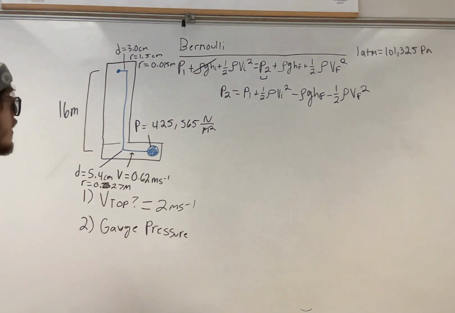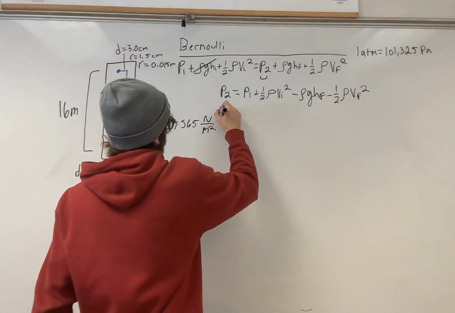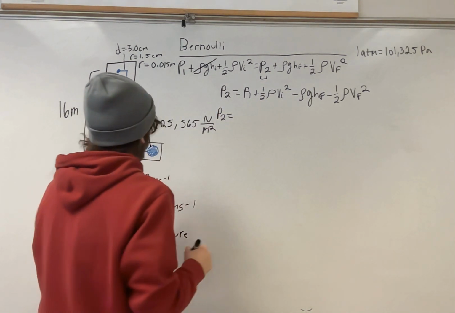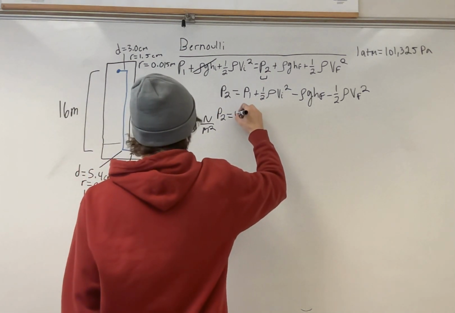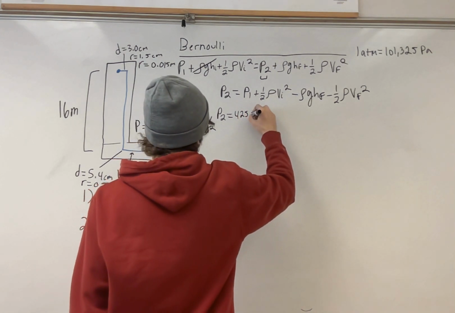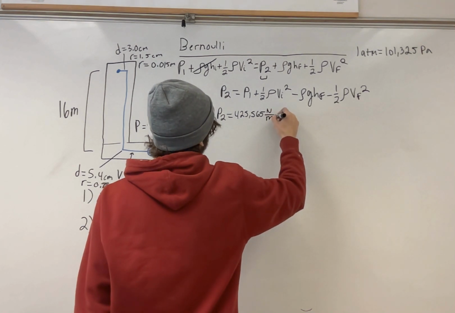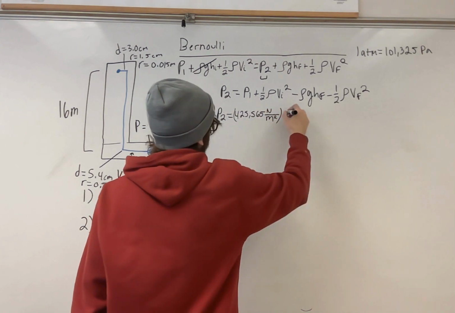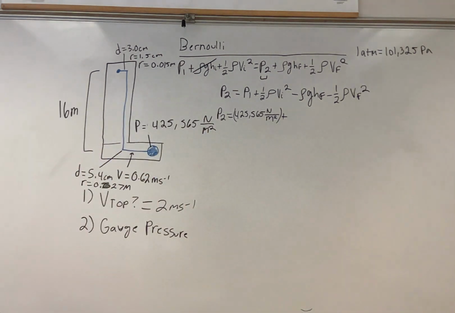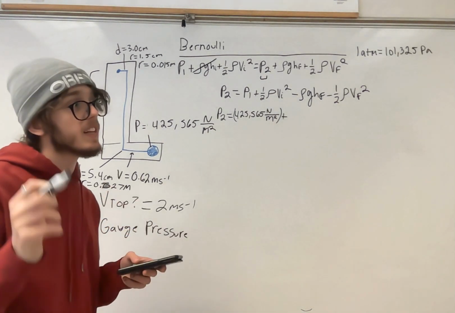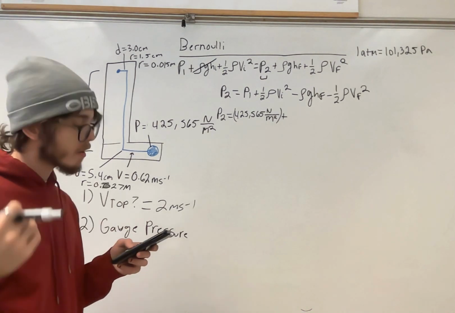Okay, so let's do that. We're going to say that the gauge pressure at the top is equal to, and let's bring in our first term as a pressure. We're going to add that to the pressure from our kinetic energy, so 1/2 rho v squared. We know the density of water to be 1,000 kilograms per cubic meter.